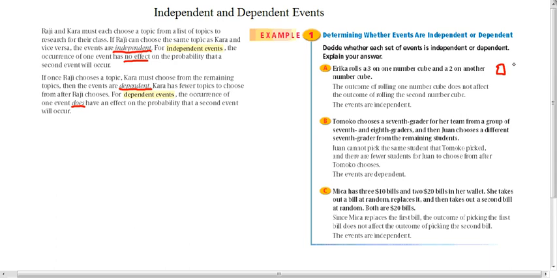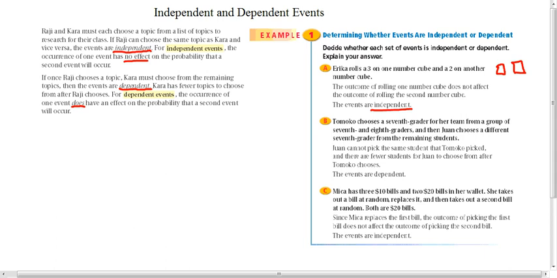So rolling one has no effect on the other. So what would you say? The outcome of rolling one number does not affect the other, meaning that the events are independent. Remember that because you have 2 dice, you can roll a number from 1 to 6. So rolling a 2 on the first has no effect on rolling a 2 on the other. The other 2 is not going to disappear just because we roll a 2 on the first number cube.